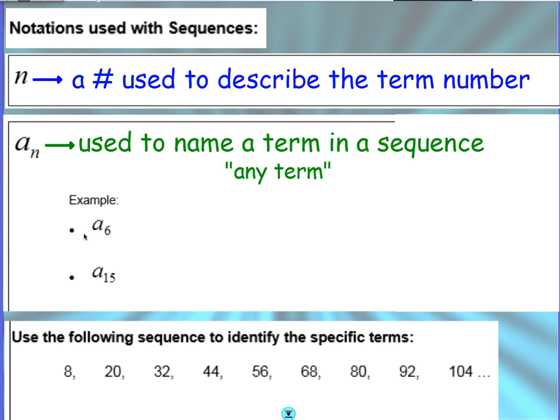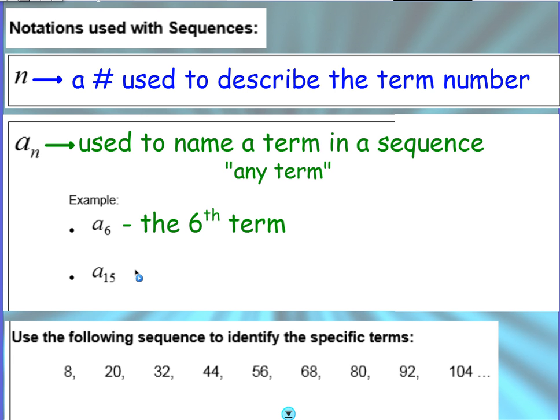So for example, this first bullet here, if we see this notation, a sub 6, and remember, 6 here is taking the place of the letter n, which up above we said is used to describe the term number. So a sub 6 means the sixth term, so the sixth term in any given sequence.